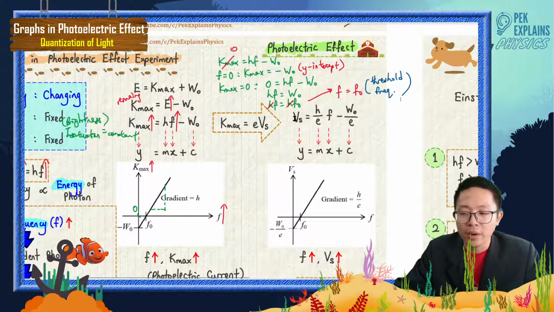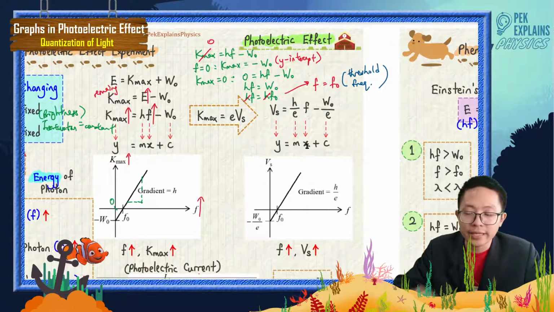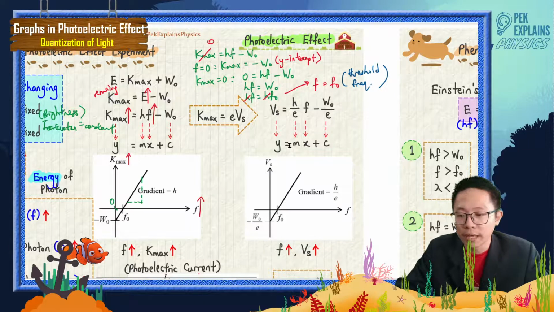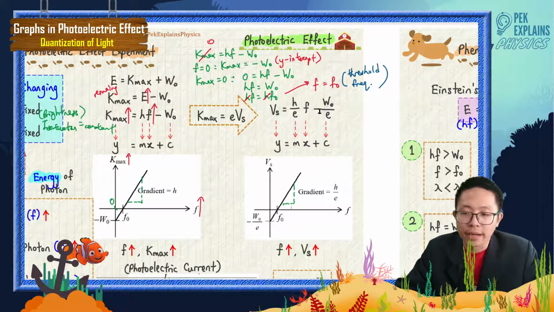The y-axis now is stopping potential, and the x-axis is also frequency. So my gradient now is h over e. Last time it was h, now it is h over e, and my y-intercept is negative W naught over e.